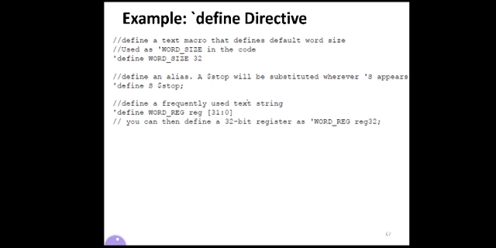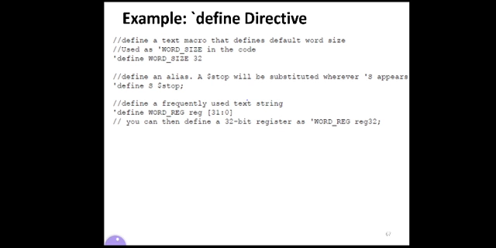So what is the use of this? Suppose you are writing a program and your program is very large. In that case you are using this word size, for example the value 32, many number of times. Suppose you are doing a trial and error method, and you want to change that number from 32 to any other number.